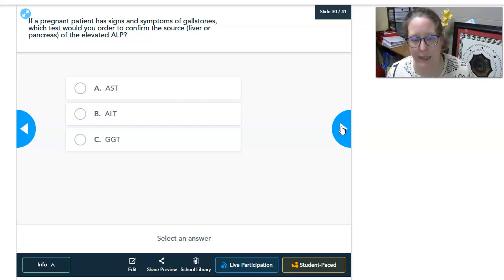Would you do AST and ALT or GGT? You want to know if it's just normal alkaline phosphatase elevation of her making a baby and having the placenta present, or is alkaline phosphatase elevated due to some other liver issue going on, possibly a gallstone?